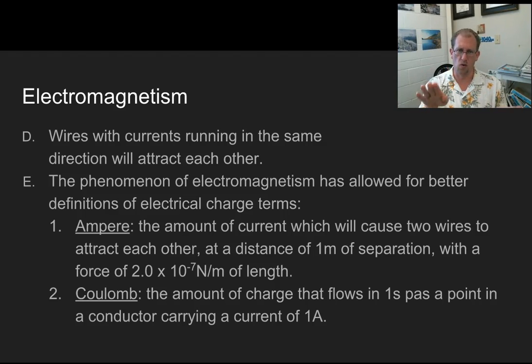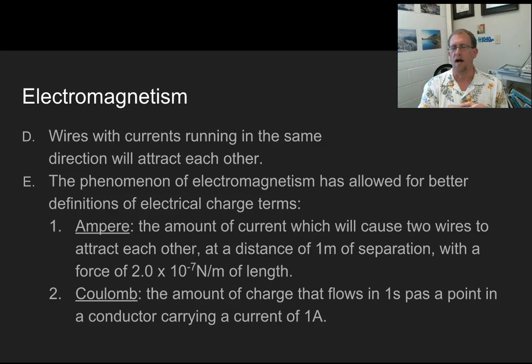So if the wire is 1 meter long and its friend is 1 meter long and they're 1 meter apart from each other, and you pass current through them and they want to go towards each other with a force of 2 times 10 to the negative 7th newtons, then you have just passed 1 amp of current through that wire. Okay, longer wires would have a greater force, and so we've got to take into account the length of the wire.